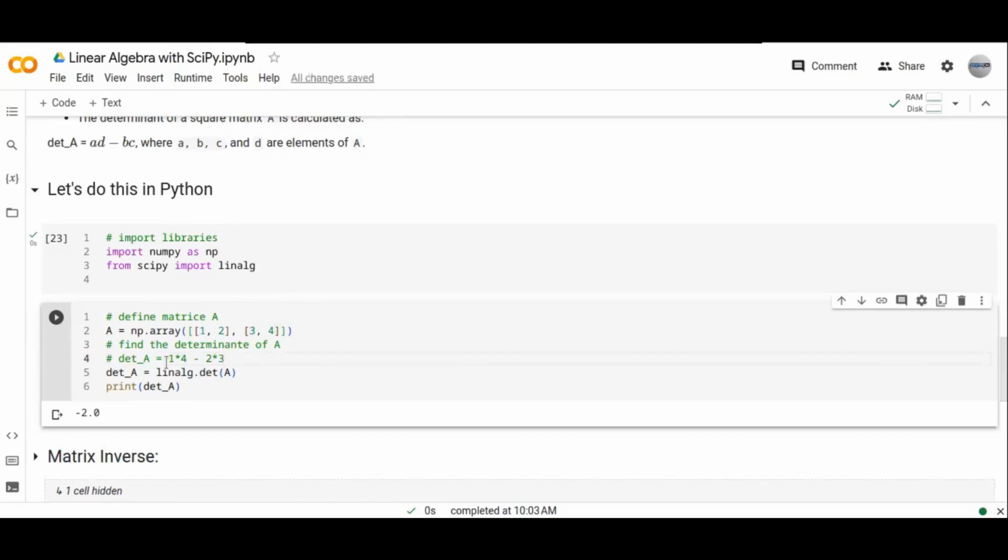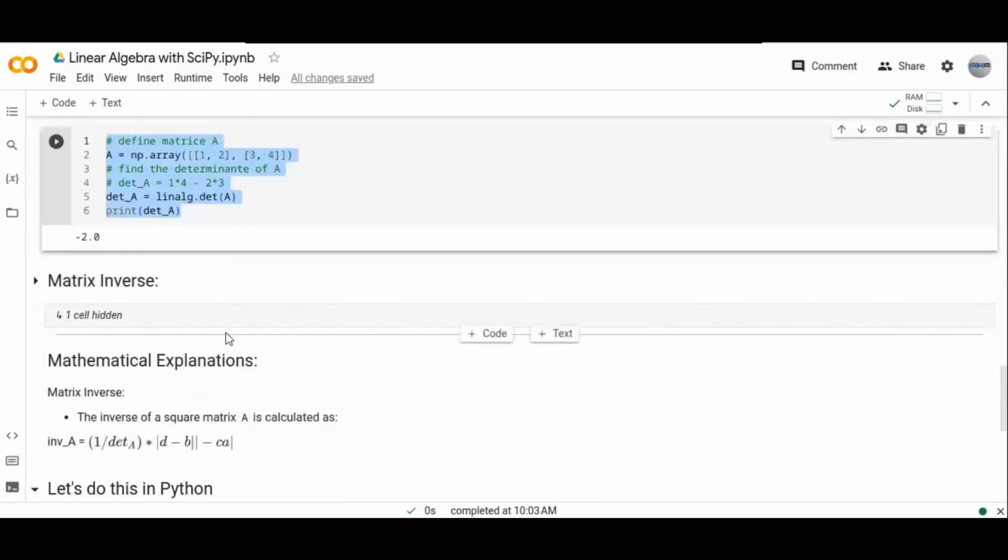So this is 1 multiplied by 4 is 4, minus 2 times 3, which is 6. That is -2. So instead of calculating manually, we can just use this simple function to find the determinant of matrix A.